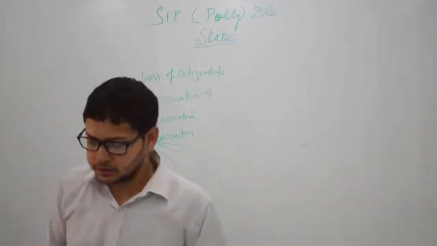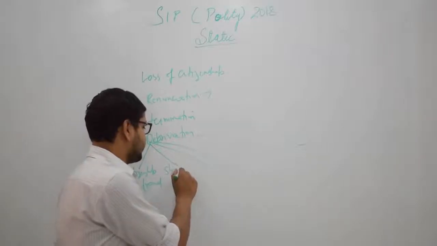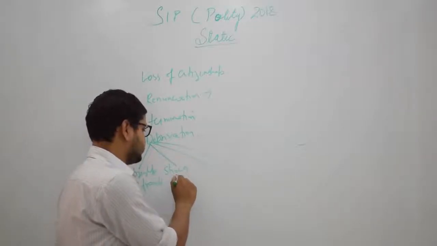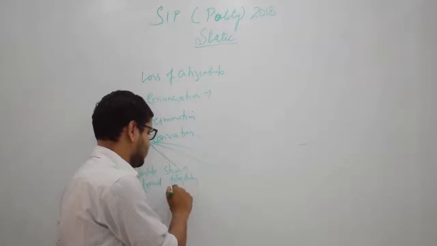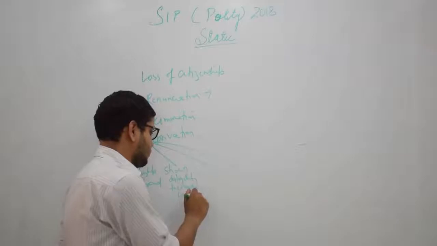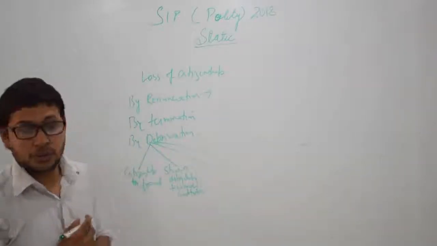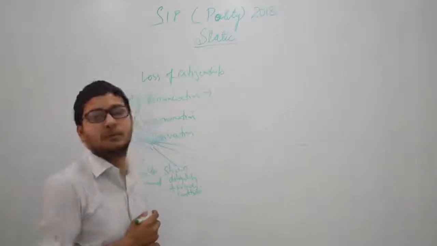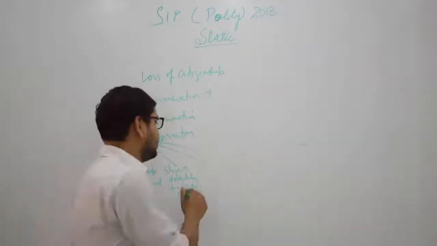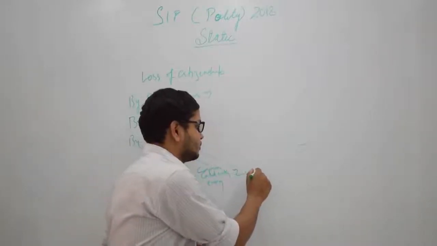Second is when you have shown disloyalty toward the Constitution of India. Third is when you have communicated with the enemy or shared any information which is harmful to India during the war.